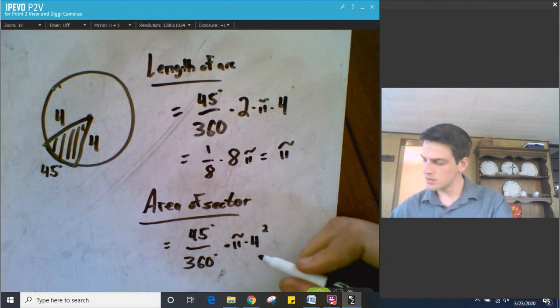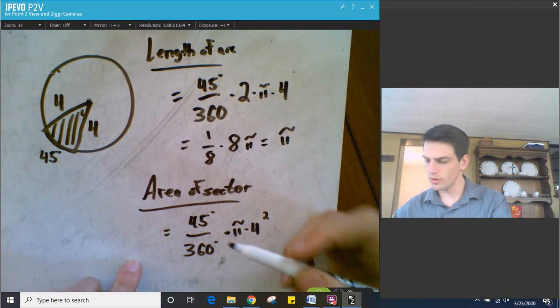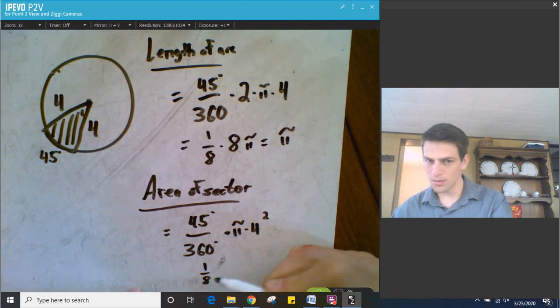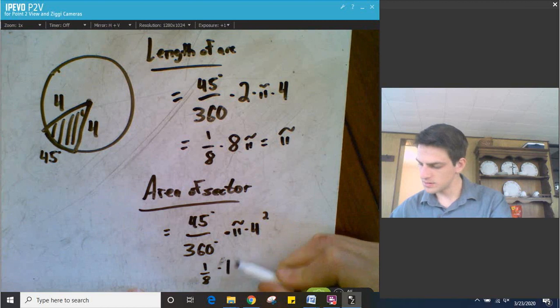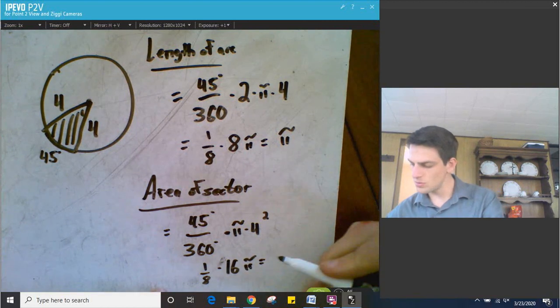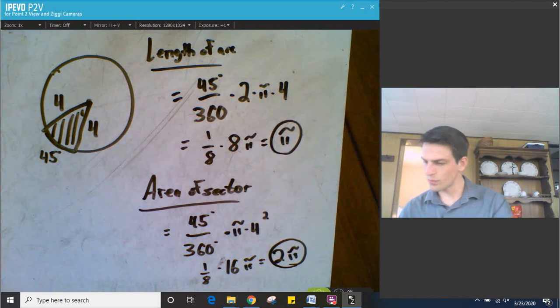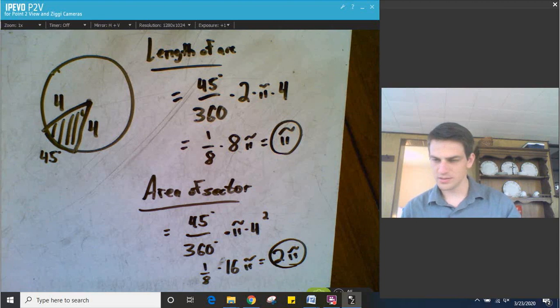Now 4 squared is 16, and 45 over 360, once again, is 1/8. So you have 1/8 times 16 pi, and 16 divided by 8 is 2, so we're left with 2 pi. And those are our answers for number 3 of the classroom exercises.